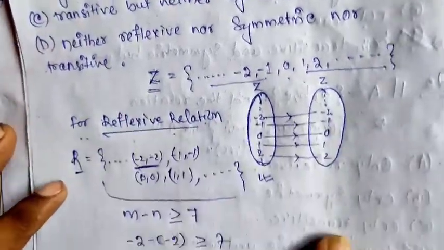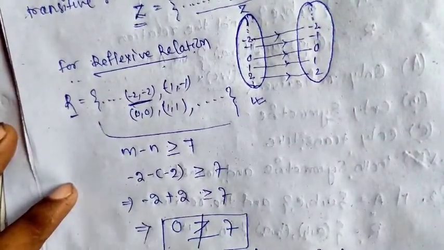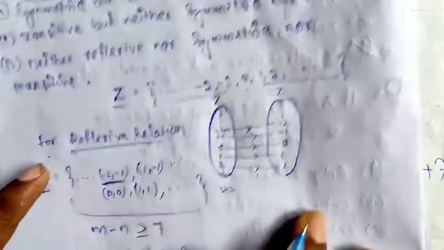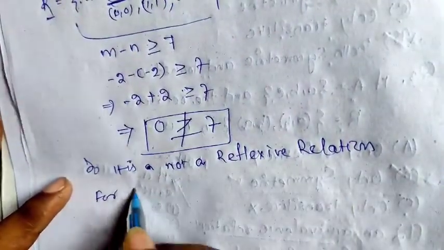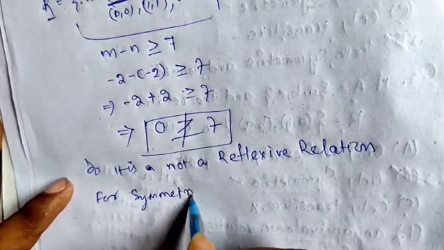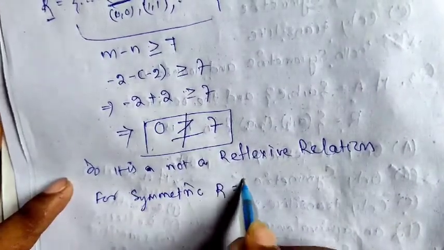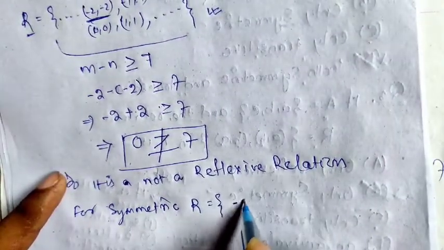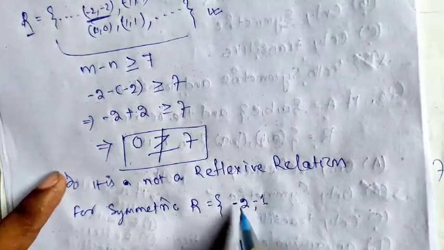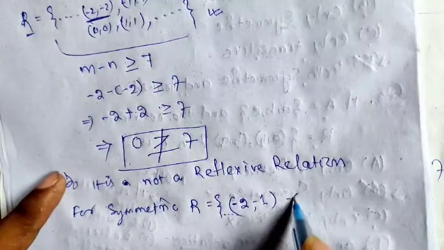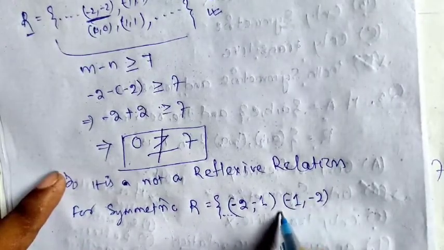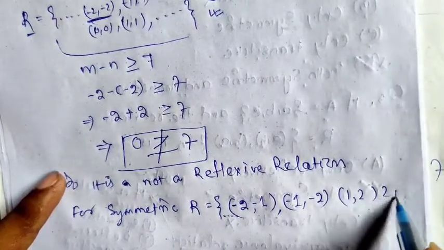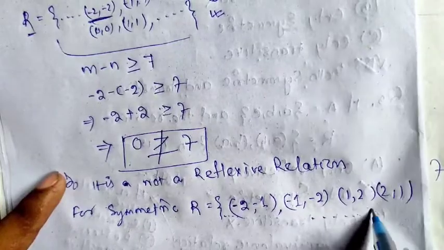Now we check for symmetric. For a symmetric relation R must have ordered pairs like (-2,1), (-1,2), (1,2), (2,1) and so on.